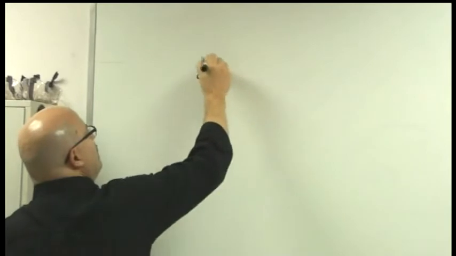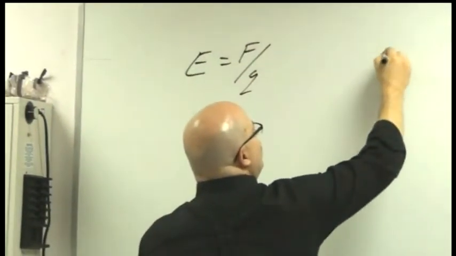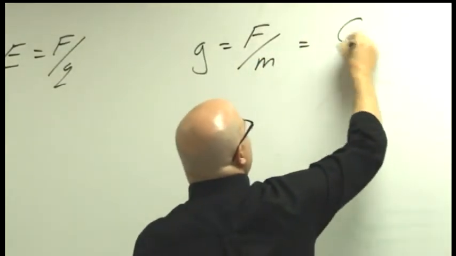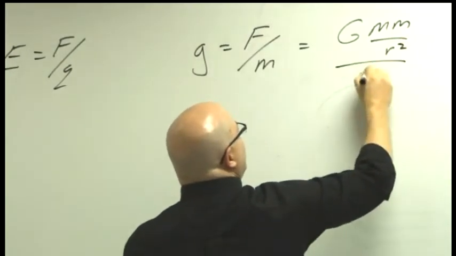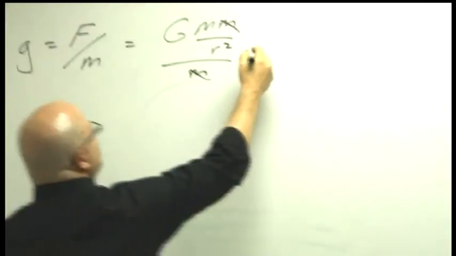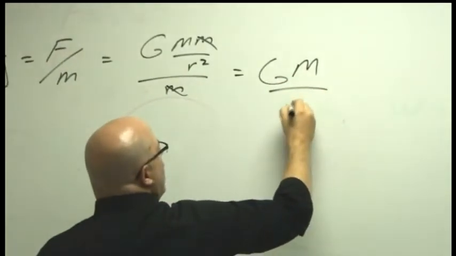All right. Here you go. Gravitational field. Remember, electric field is force over Q. Gravitational field is force over mass. We did this already. G m big M over r squared divided by m, the mass of the object. So our gravitational field is just G M over r squared.